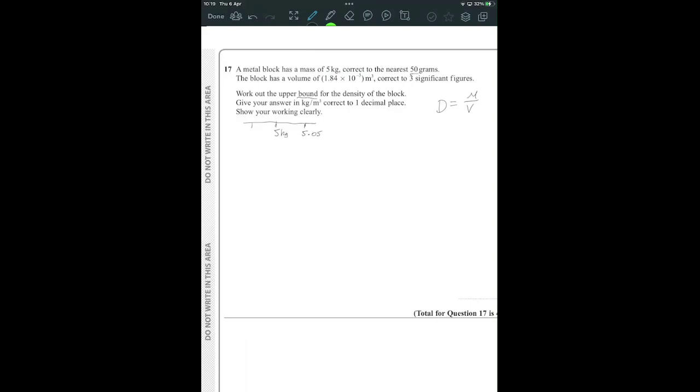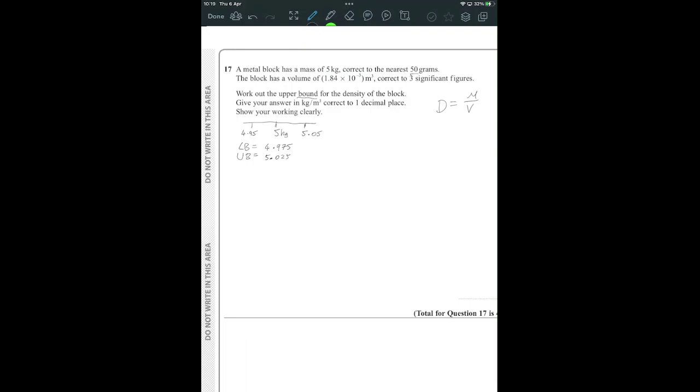Being careful with 50 grams being 0.05 and 4.95, going down a step on my scale. So my lower bound for that is halfway between 4.95 and 5. Add them up, divide by 2, and then similarly on the other side. Lots of ways to calculate those bounds. This is the image I have in my head.